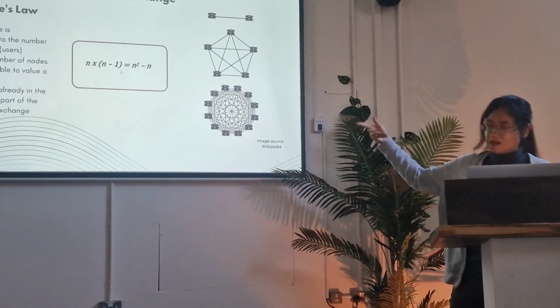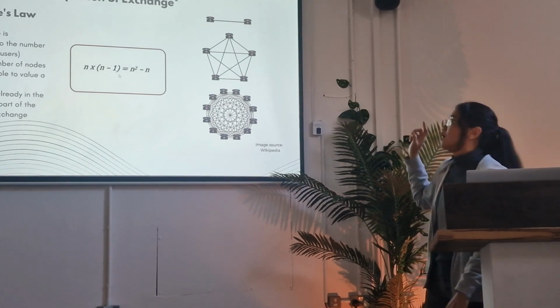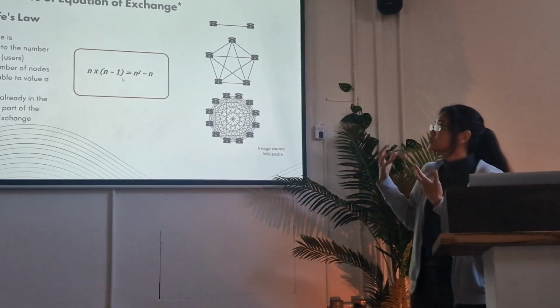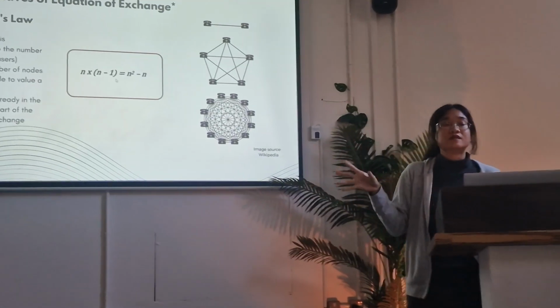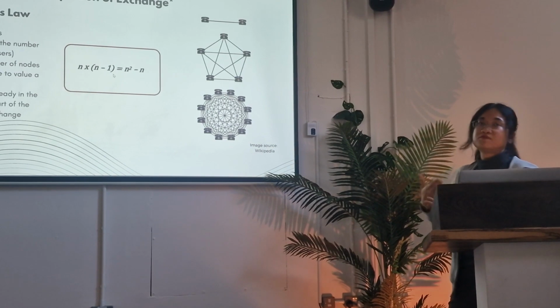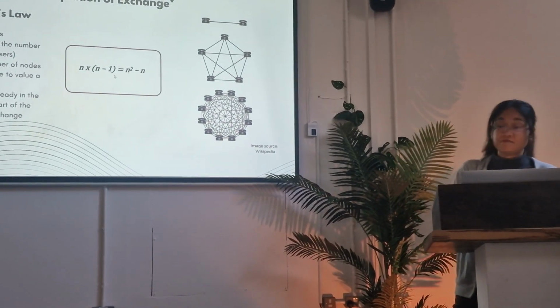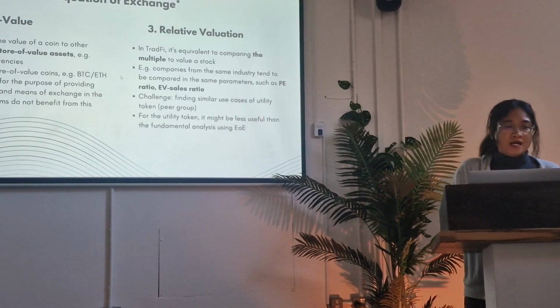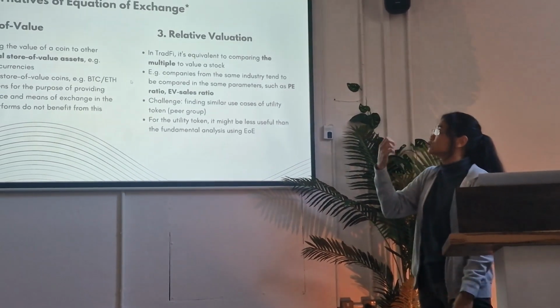So this is proportional to the square of the number of nodes. However, to criticize this theory: is the number of nodes the only variable to value a token? Because as I explained before, there are velocity, market cap, and the money supply as well.